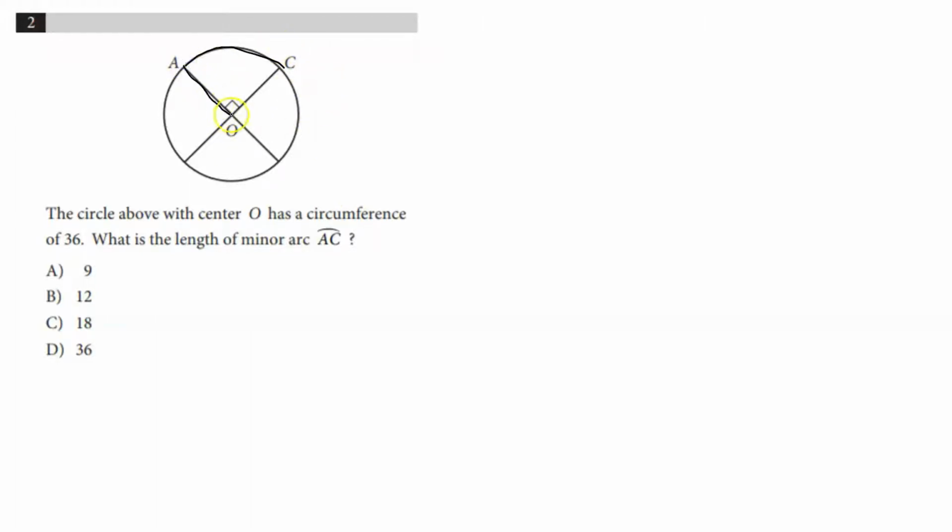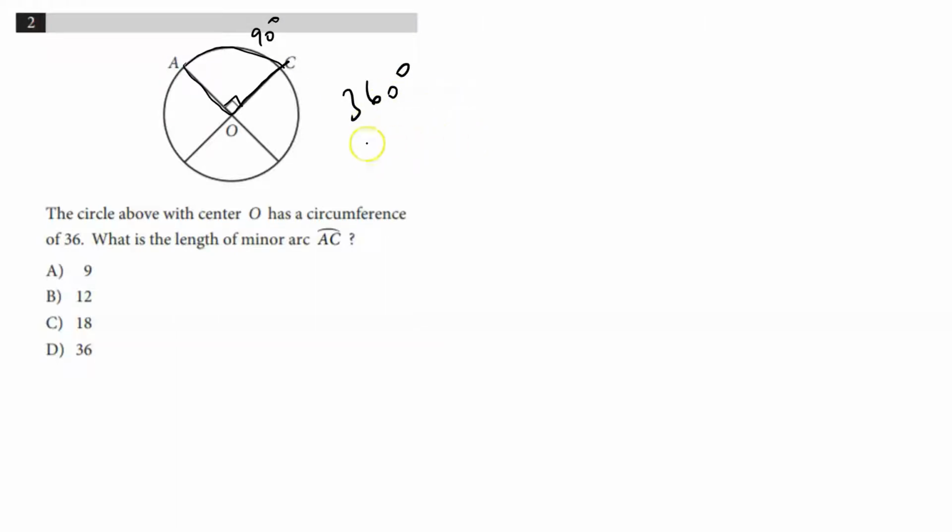A and C here seem to be perpendicular, denoted by this 90 degrees symbol here. So that means this angle is 90 degrees, but that also means that this minor arc AC has 90 degrees of arc out of this whole 360 degrees circle.